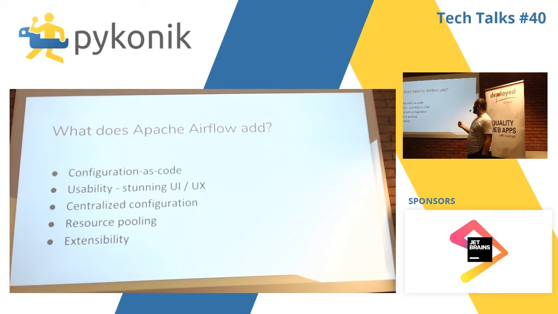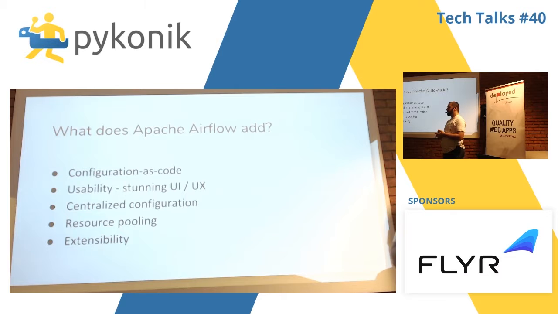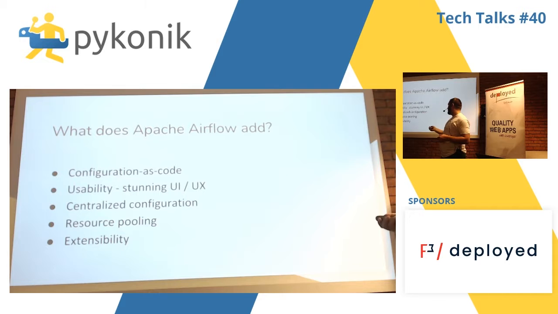What is the difference between Apache Airflow and other tools that you can use? For example, Airflow allows you configuration as code. So you can easily configure the whole Airflow and run it and change it dynamically when you need it.